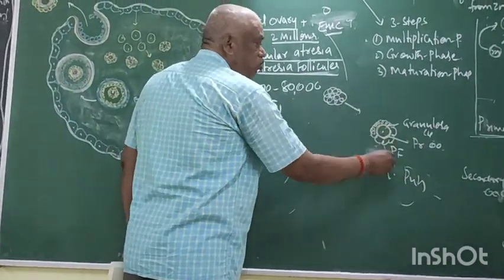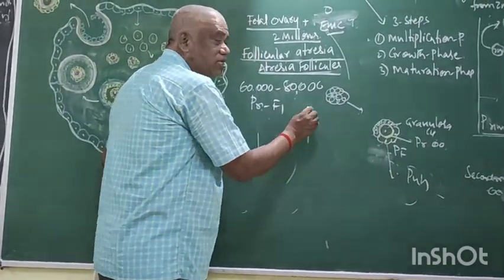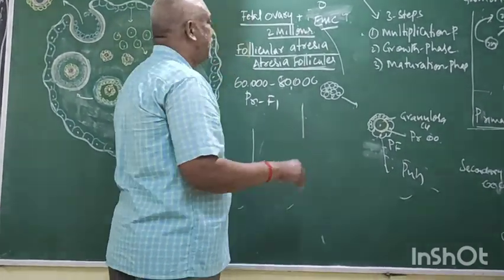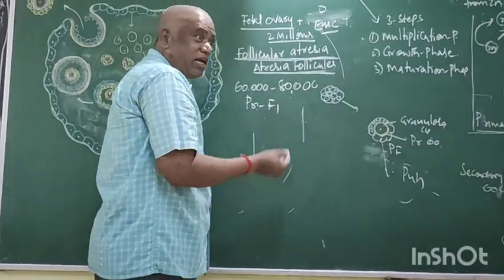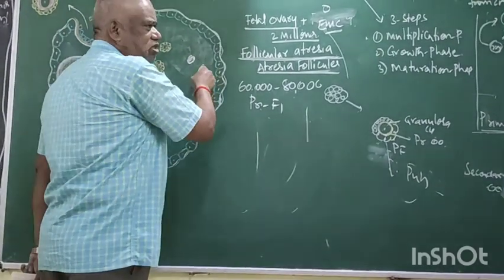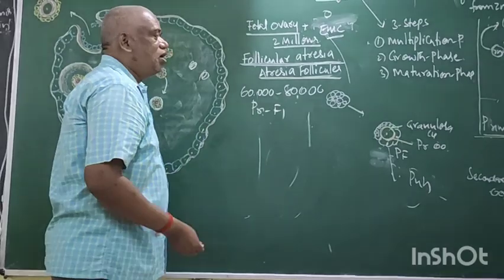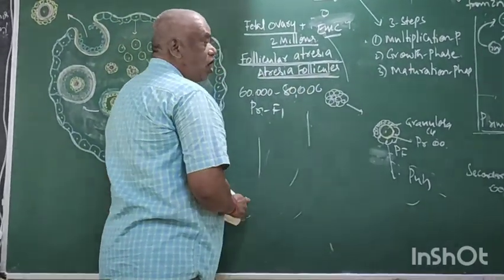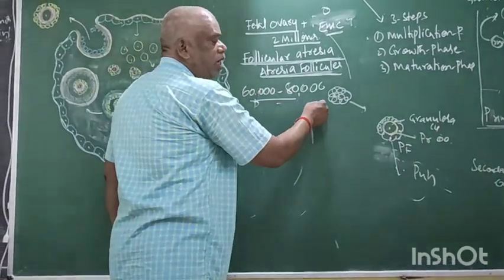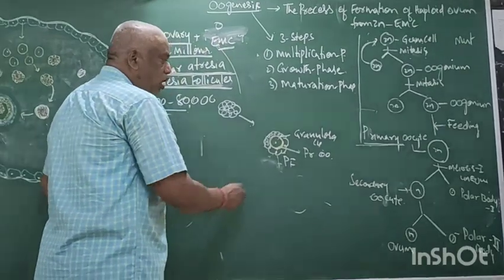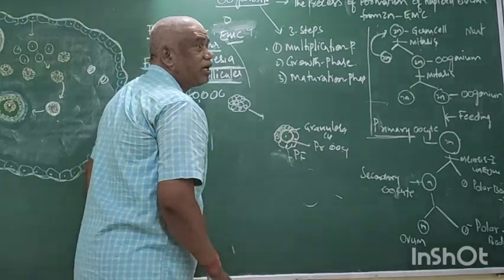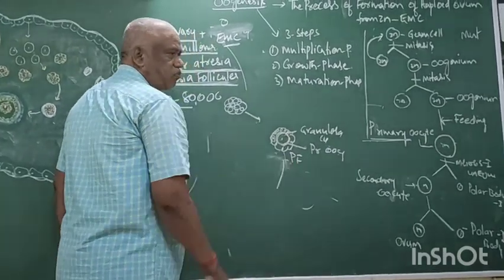From birth to puberty, some follicles are degenerated. The process of degeneration of follicles is called follicular atresia. The degenerated ones appear as white patch-like structures, called atretic follicles at puberty. How many primary follicles are there at puberty? 60,000 to 80,000. Now, this is the primary oocyte, covered by granulosa cells. This is called a primary follicle.